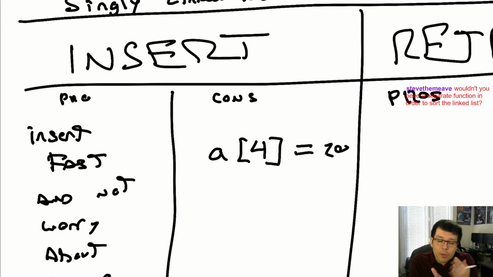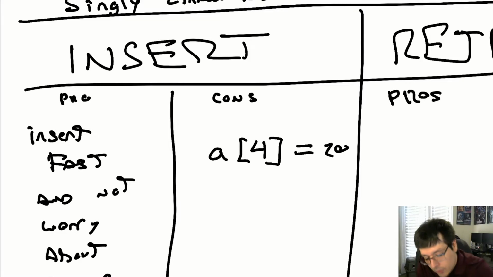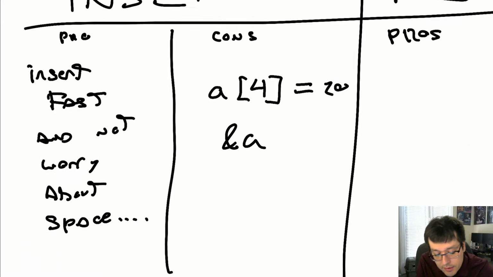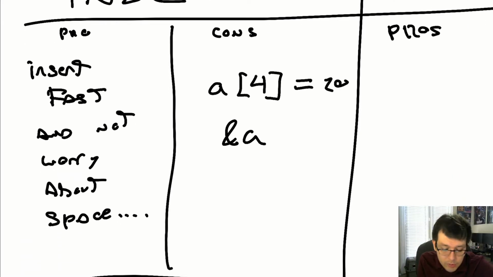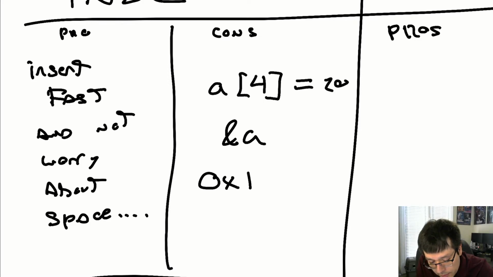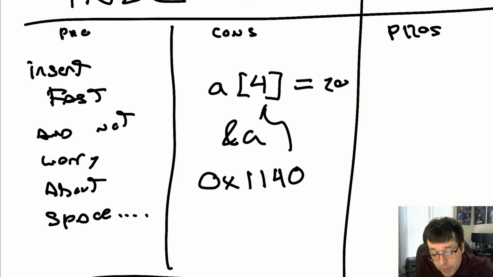It's an instant, direct access thing with an array because you know exactly the memory location. If the array is called A and you print out ampersand A, you're going to get some hex address. To find out where spot 5 lives, you basically add to this address in hex. It's 4 times 4, which is 16, so you add 16 in hex, which just means adding 1 at this level.